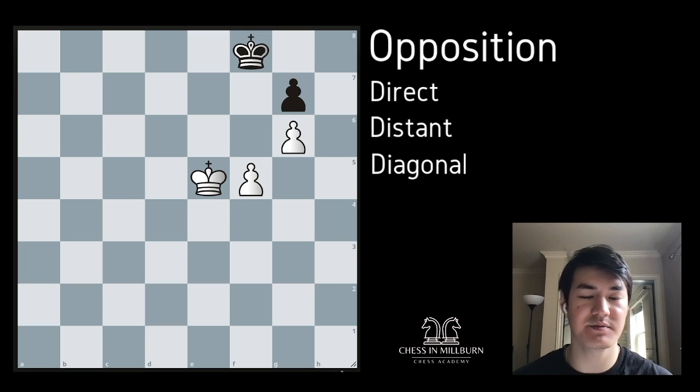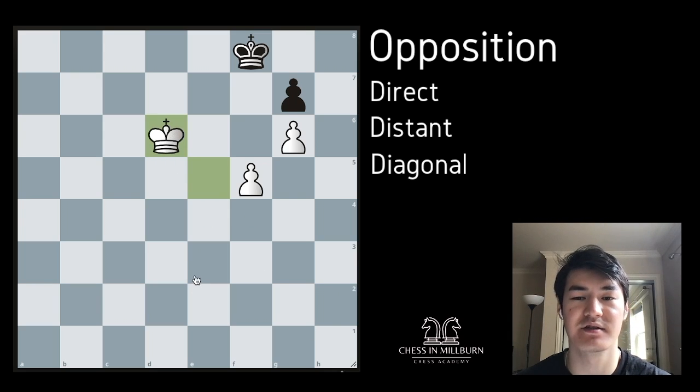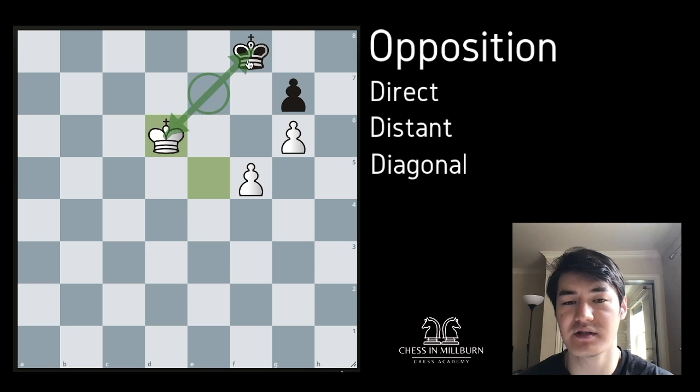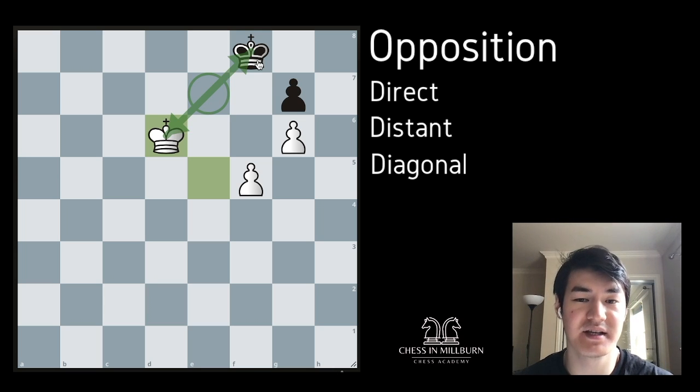For example, everybody, in this position, let's say it is white's turn, and white moves the king to d6. Now, between the two kings, there is one square difference, and you can call this diagonal opposition because it is on the diagonal, and the goal of this is to again get into direct opposition.